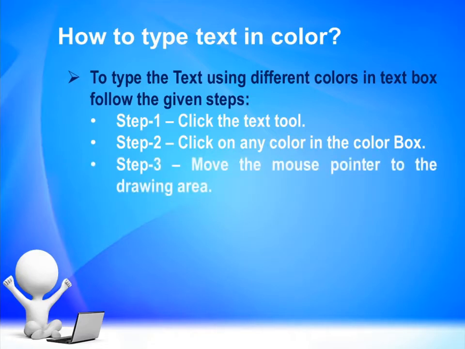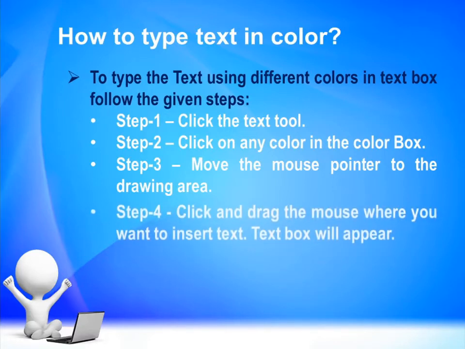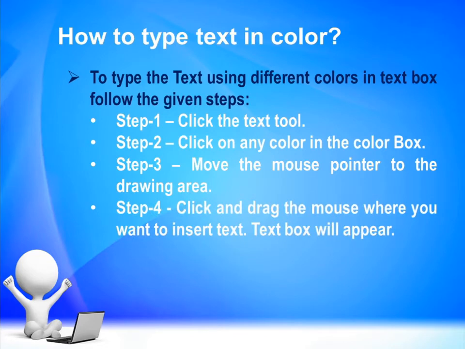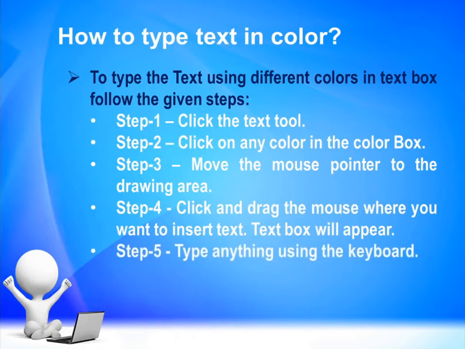Step 3. Move the mouse pointer to the drawing area. Step 4. Click and drag the mouse where you want to insert the text. Text box will appear there. Step 5. Type anything using the keyboard now.